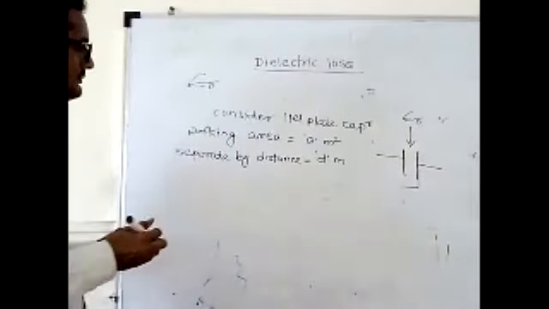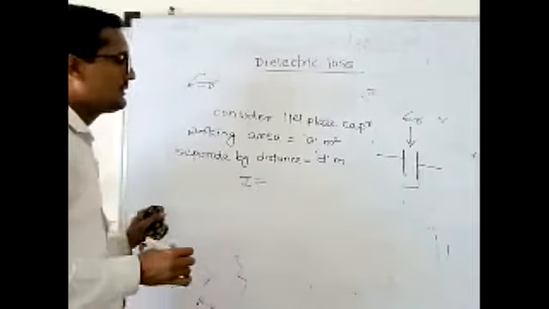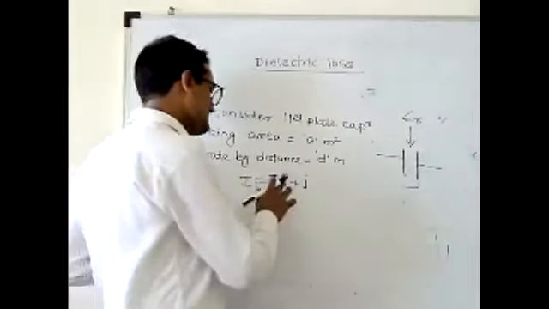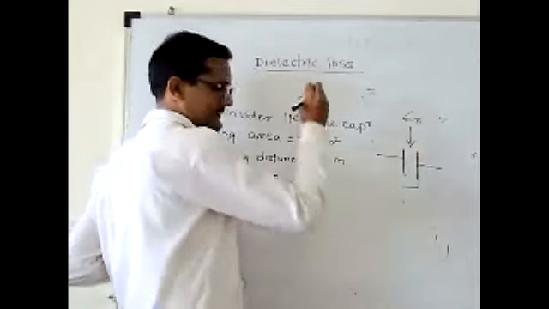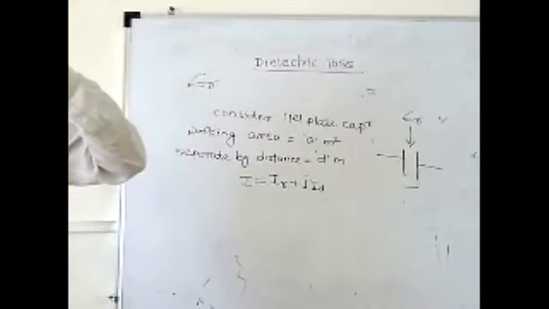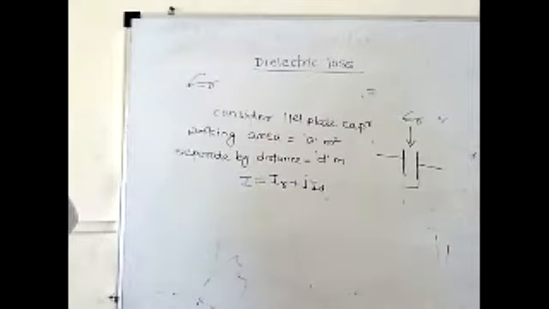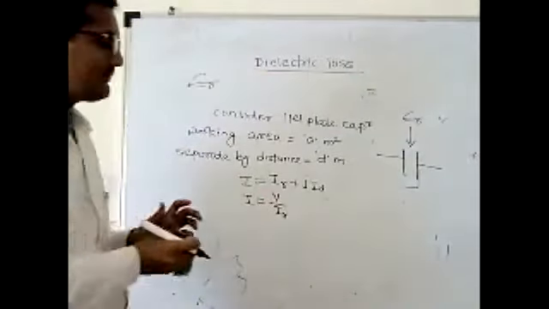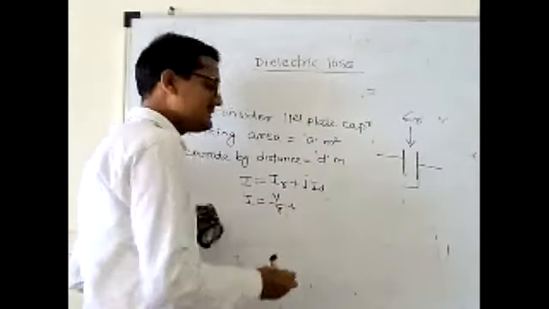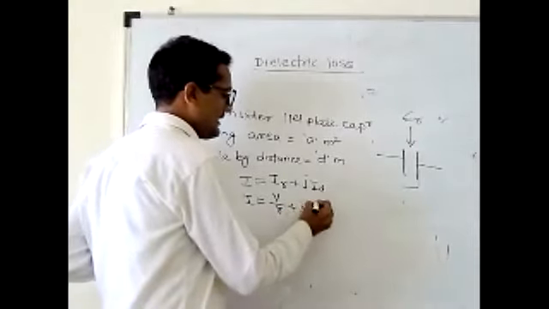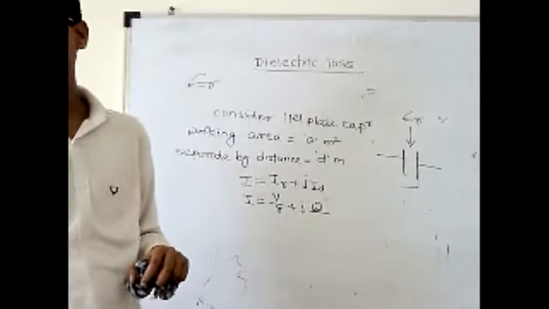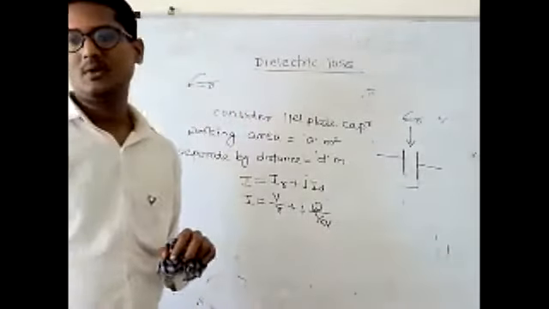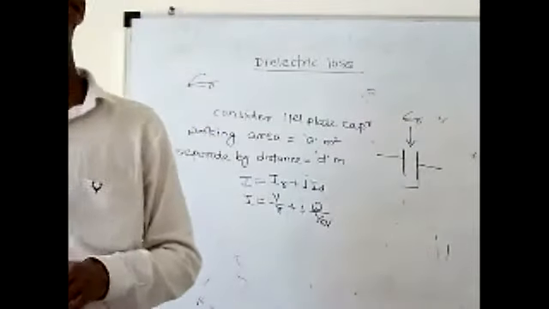Then I equals IR plus j ID. Then we know that IR is V upon R by Ohm's law, plus j ID, which equals j omega CV, since Q equals CV.